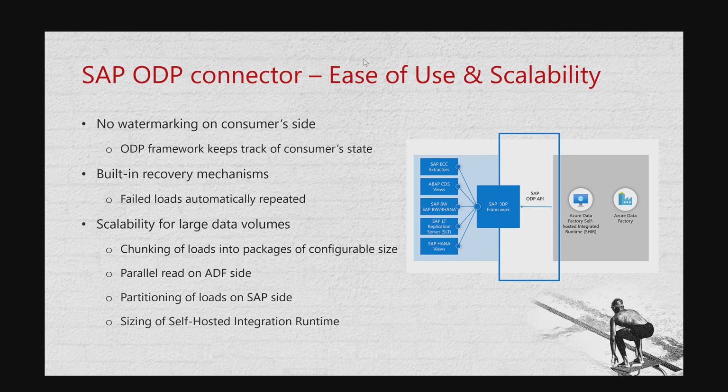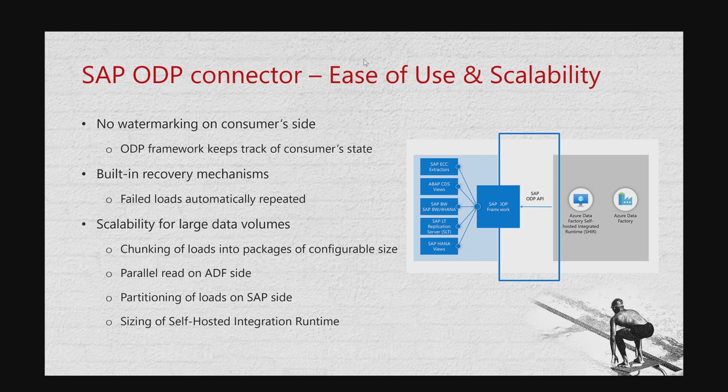The default size is 50 megabytes, but you can specify any other value, and ODP will make sure that it provides data in chunks of the prescribed size, and you can fetch it in those chunks. So with this mechanism, it's very easy to scale in a pretty much linear way for large data volumes.